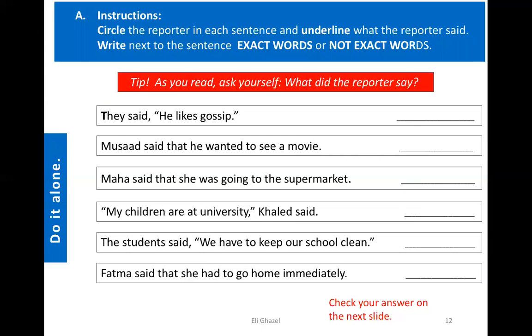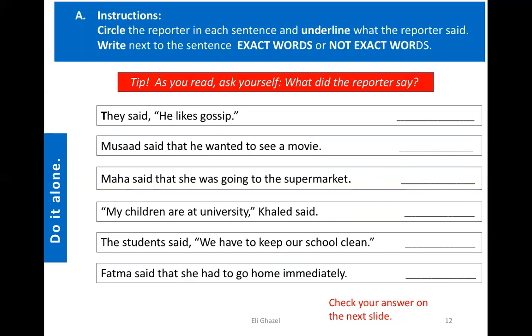So the process we're using is, after you have done the first step, you are going to do a task that will help you start to consolidate and structure your learning. So let's look at the instructions here. Circle the reporter in each sentence and underline what the reporter said.